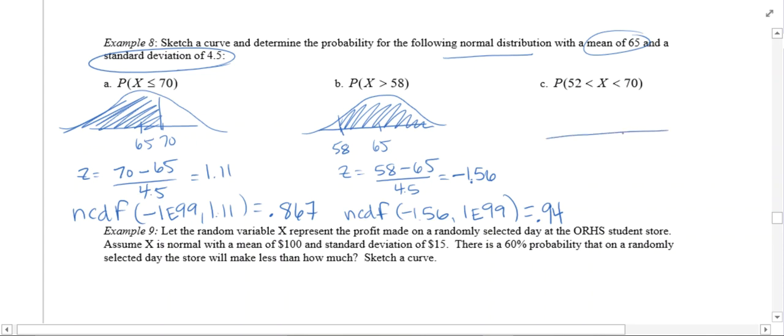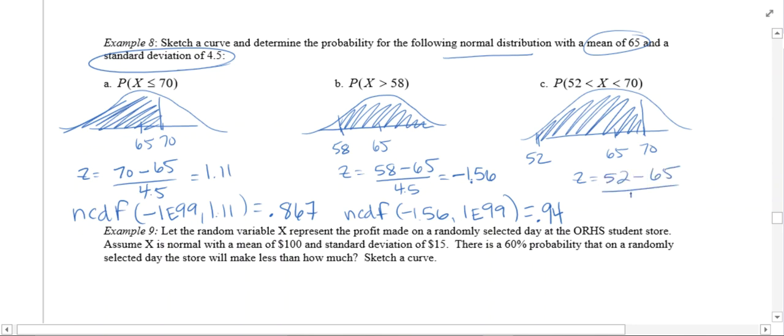Okay, one more we're going to do here. We're centered at 65. We're going all the way down to 52 and up to 70. We're going to do in between these two values. So 70 was in part A. We already have that z-score. I just need a z-score now for 52. So we're going to do 52 minus 65 and divide by 4.5.